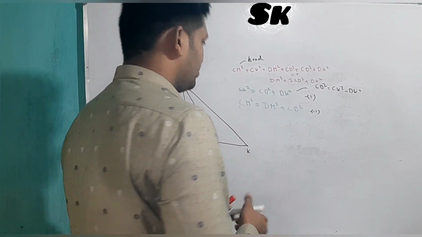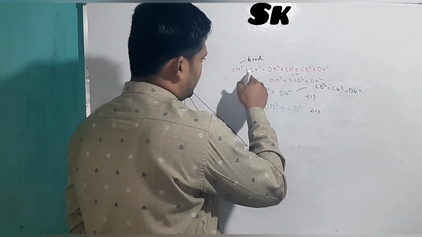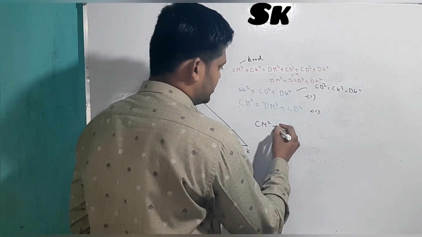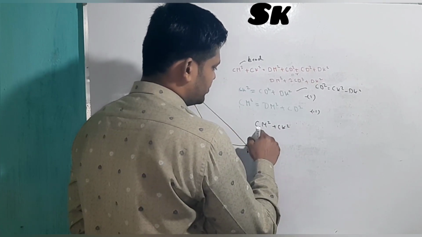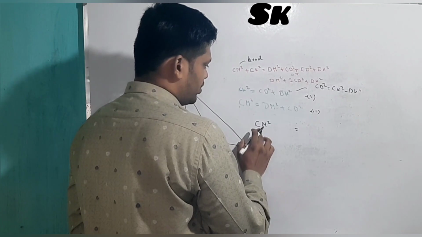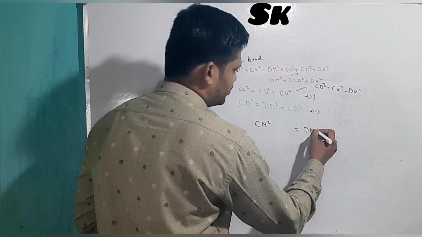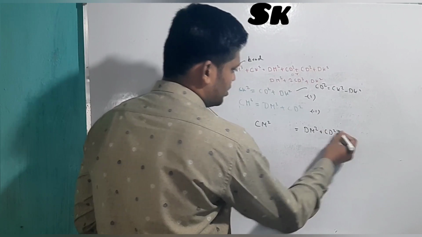So CM square we have, so CM square plus CK square is also there, so plus CK square. Now CM square equal to, wait, I'll make it clear, CM square equal to, give a gap, why I will tell you. Write the value DM square plus CD square. Done.